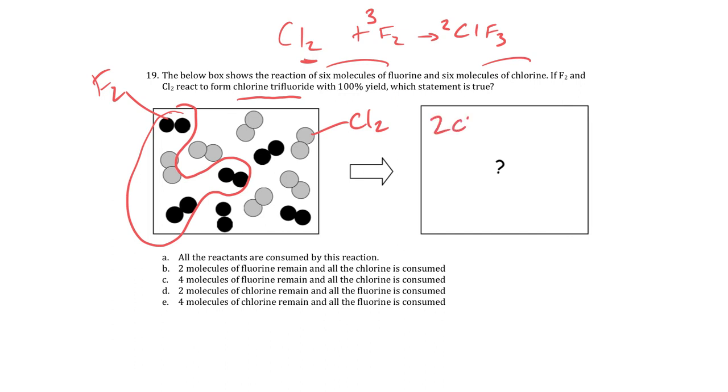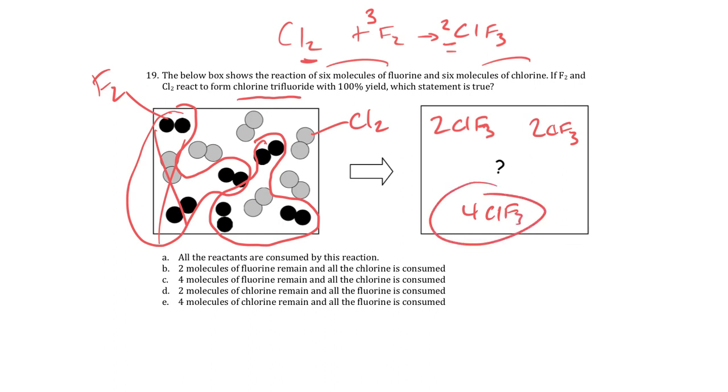Then I get 2 ClF3s that result from that. 2 ClF3s from this collection of molecules now being reacted. And then I can do this just one more time. So again, 3 dark spheres, 1 of the gray spheres. So I get 2 more ClF3s. So I'm going to get a total of 4 ClF3 molecules in total. And then 3 Cl2s left over.